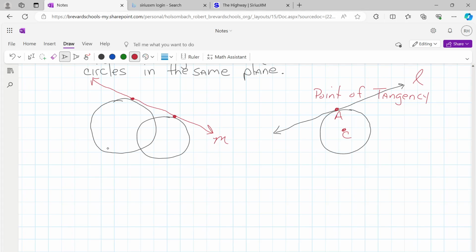If we try to do the same thing on the bottom of the circle, we're just going to take a line and draw it going through these two points. All right, so here's line N. So these two circles have two common tangents. Everybody okay with that?